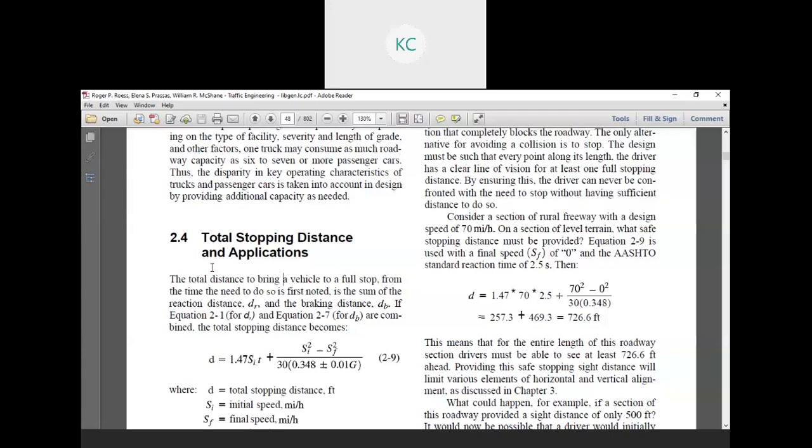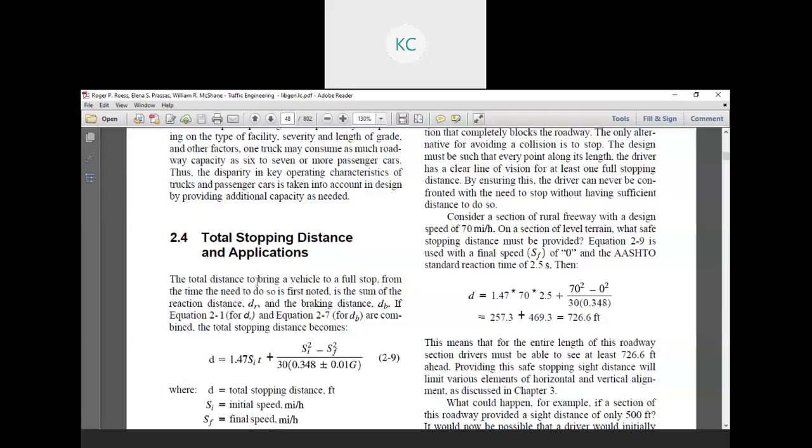When the driver applies the brake and the vehicle stops at that particular location, the distance between when the driver applies the brake and the vehicle actually stops is known as the stopping distance.